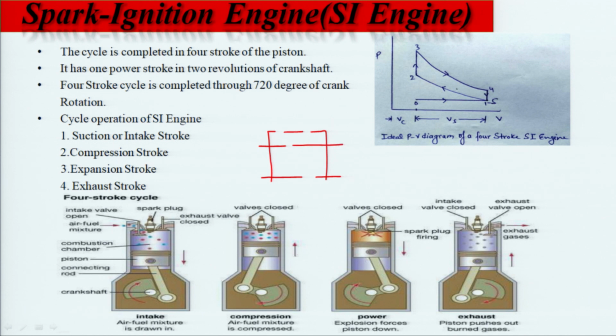Let these be the two extreme dead centers, TDC and BDC. Here is the carburetor. At one point fuel is coming and at another point air is coming, and the carburetor mixes the air and fuel, giving an air plus fuel mixture.